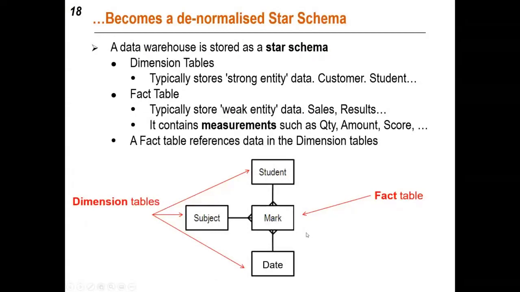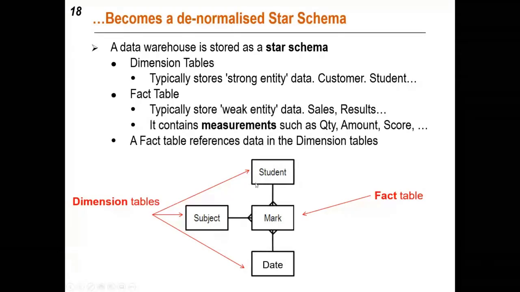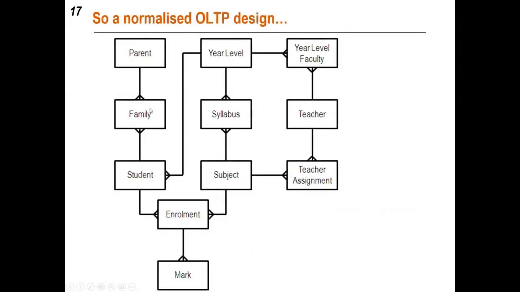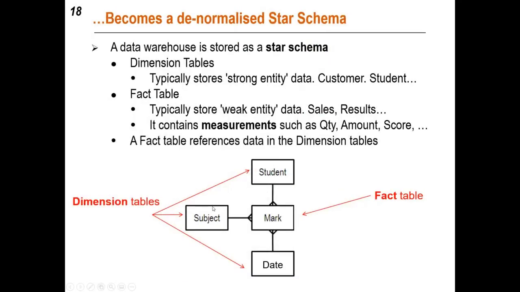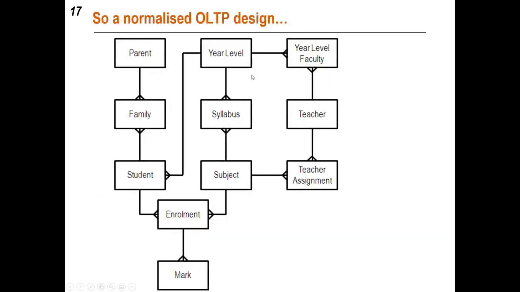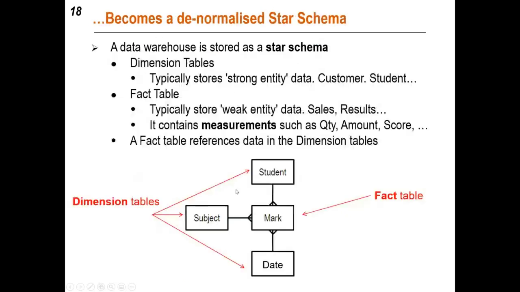So if I create a data warehouse schema or star schema in this case, my star schema looks like this. We have a small number of dimension tables. We have student. In the student table, I can have everything in this case, right? Family information, parent information, student information, everything can be put in the student table. And then we have the subject table. So I can have all this information like teacher details, subject details, syllabus details, everything in the subject table.